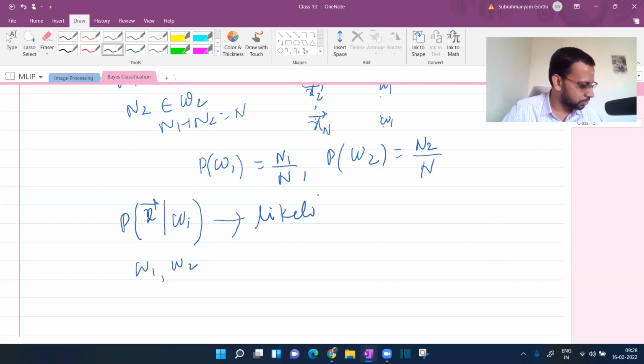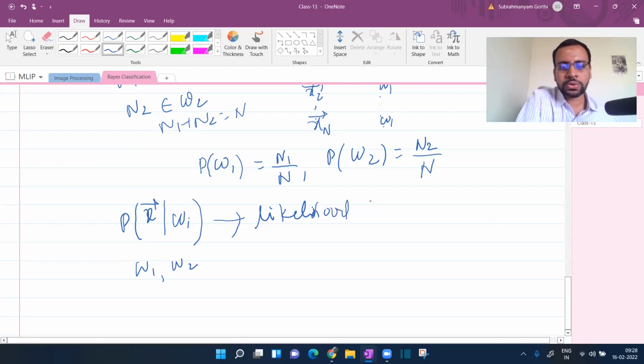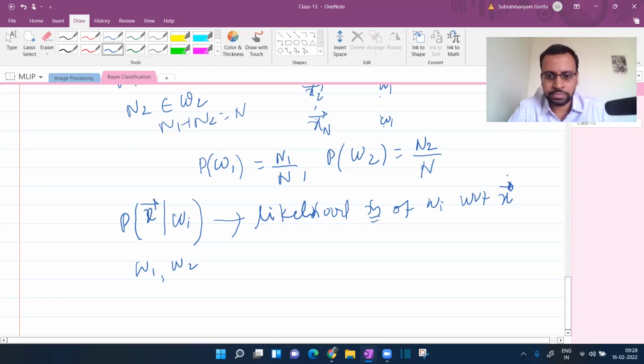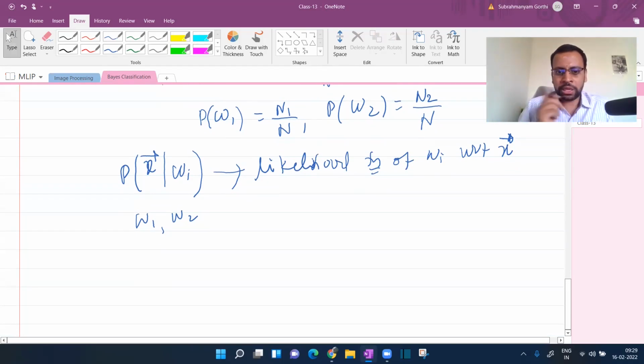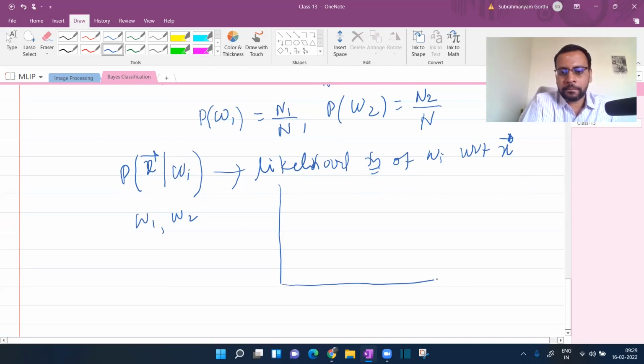So this is also referred to as the likelihood function, and to be more precise, the likelihood function of omega I with respect to x bar. This is how likely it is that this belongs to that.